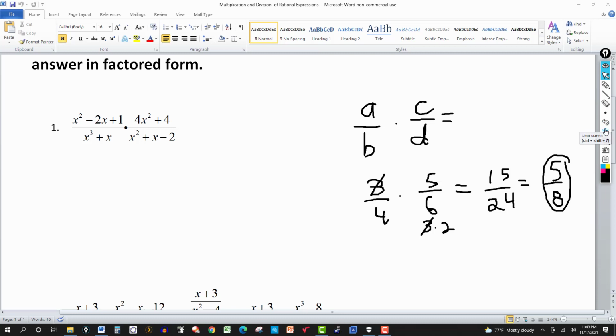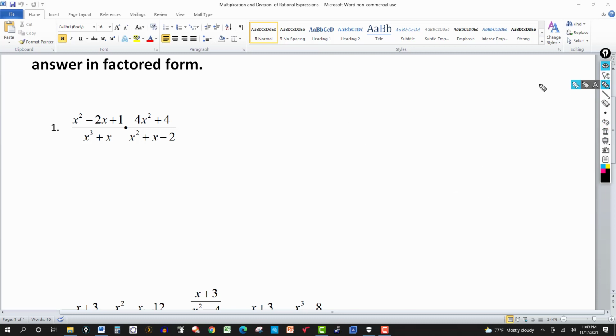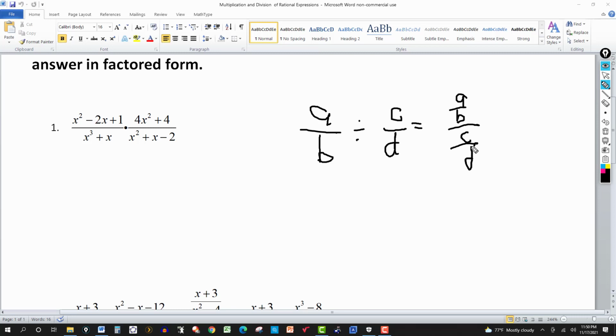What happens if we have division? So let's suppose we have A over B divided by C over D. Well, this is the same thing as A over B divided by C over D, and now here I have a complex fraction.